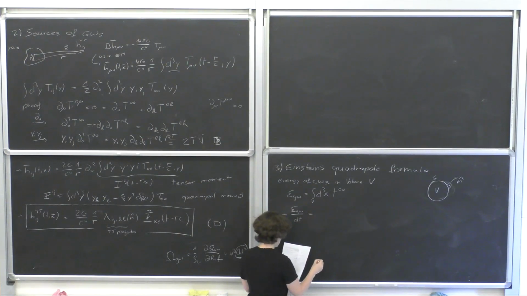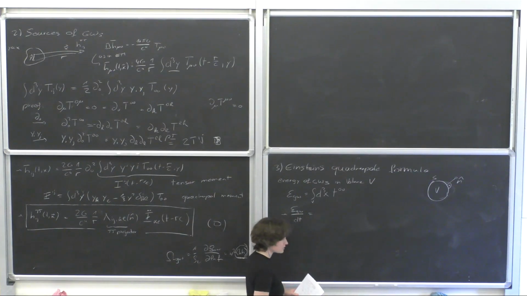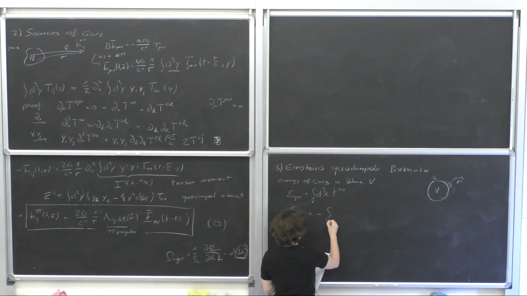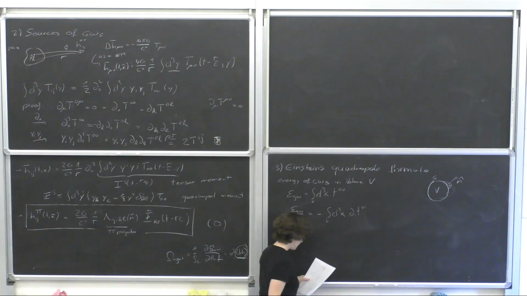And so, we can again use the trick. We have del 0 T00. We can again use the conservation of the energy momentum tensor to flip the 0 index to the spatial index. So we get a minus del_i T0i.